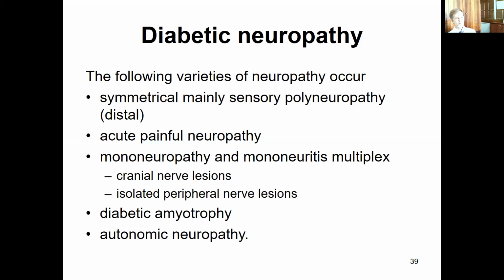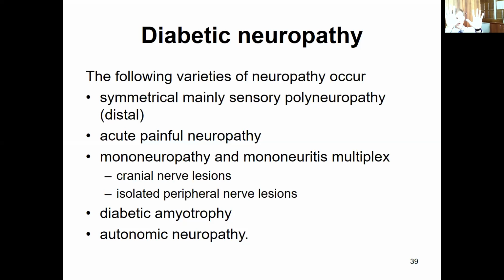Sometimes there may be acute painful neuropathy. Sometimes patient feels pain in fingers, in legs. This is also not due to damage of tissues, but due to damage of nerves. Sometimes we have symmetrical damage. Why symmetrical? Because it's usually symmetrical.